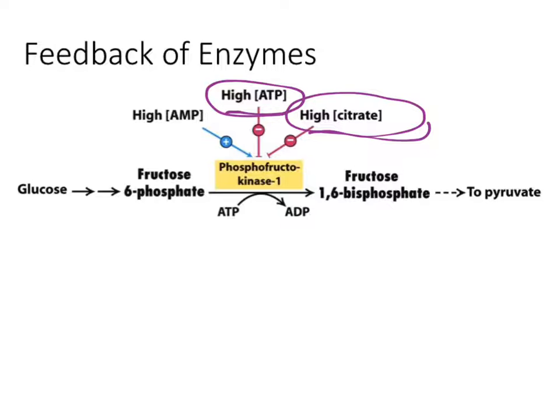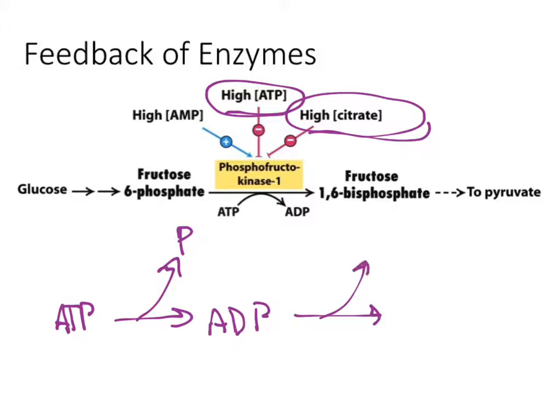Now, on the other hand, AMP, adenosine monophosphate. Basically what happens here, ATP would release a phosphate for energy to form ADP. ADP would release a phosphate for energy to form AMP.